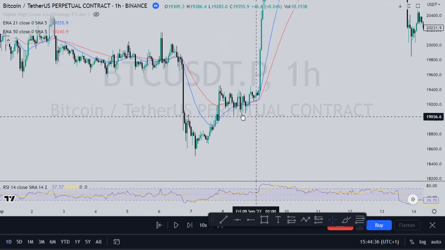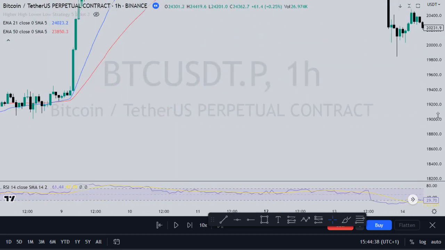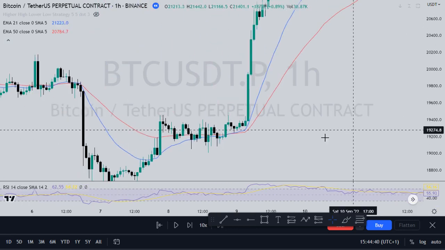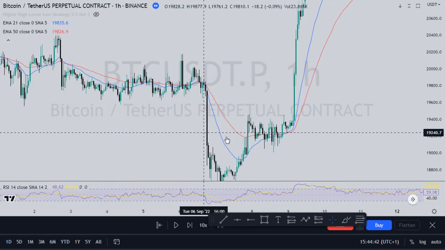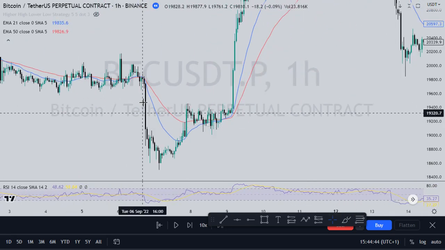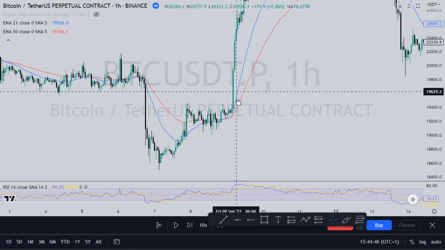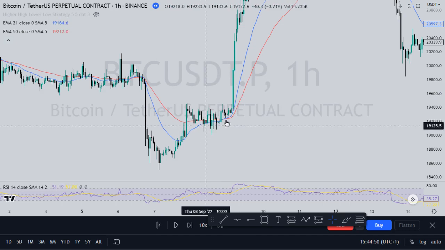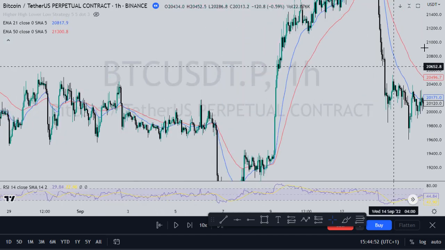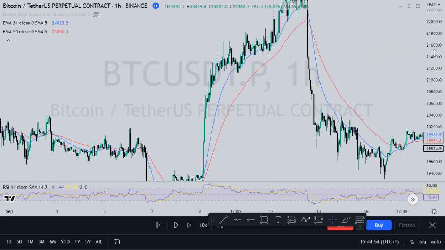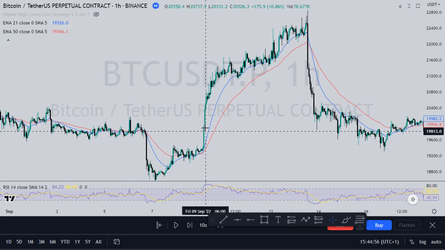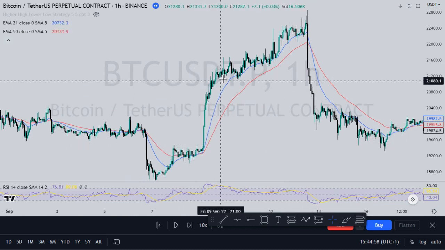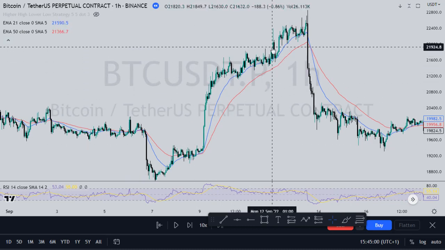Look at what happened here. After this consolidation phase, you can see that there was a clear crossover of the lower time frame moving average, which is the 21-day moving average, above the 50 moving average right here. And as you can see, price started to continue to trend above the 21-day moving average.